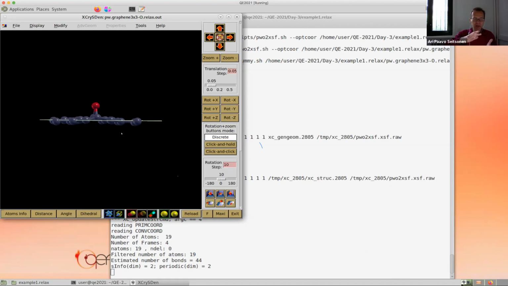So that's why we need to have enough vacuum, so that we can put this potential in the vacuum between the planes. And this is again what should be checked.